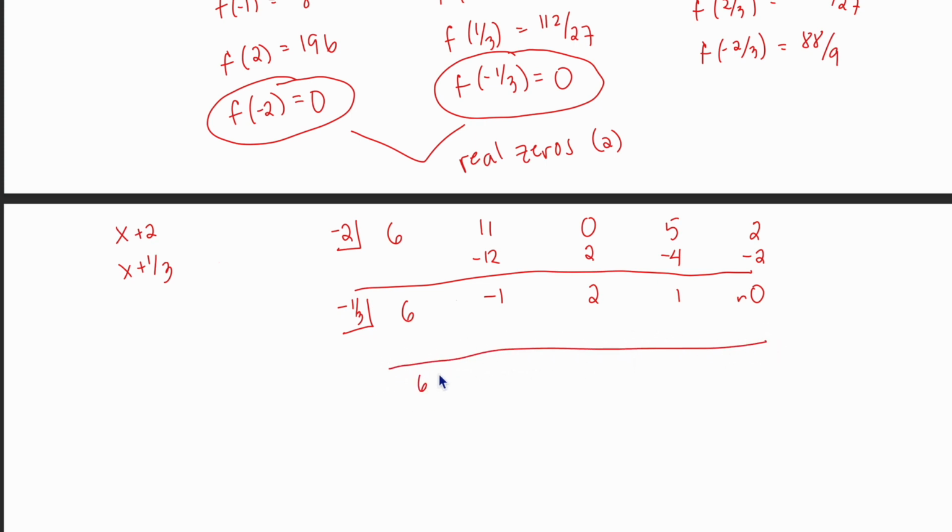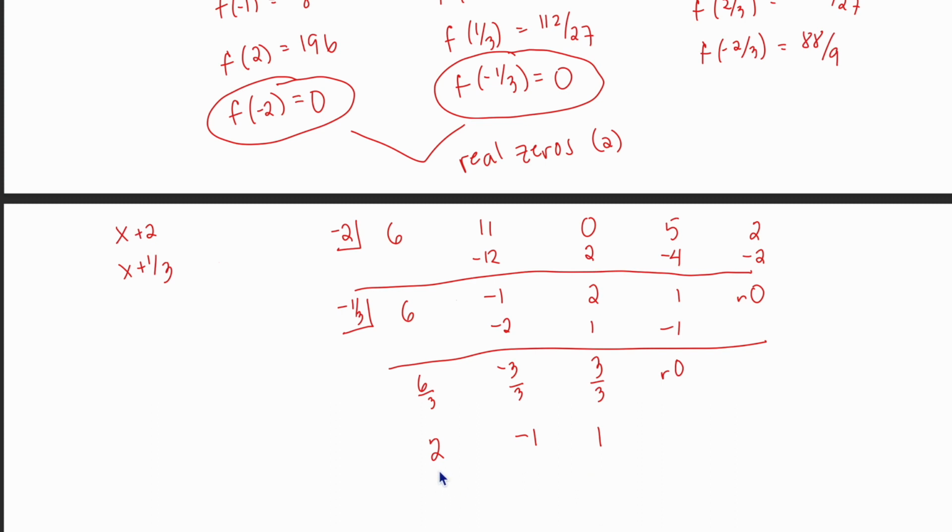So we have 6, then negative 2, negative 3, so positive 1, we have 3, then we have negative 1, so 0. But since negative 1/3 to, i-divide natin to by 3. So we now have 2, negative 1, 1.